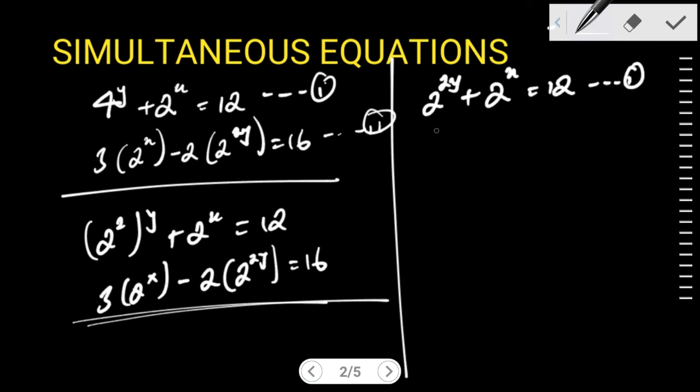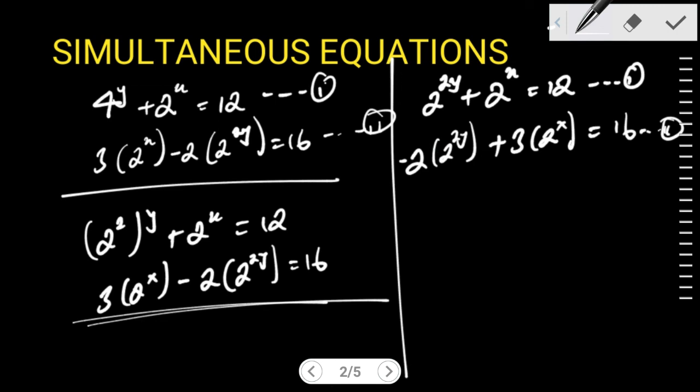And then I'm having this, but I have to arrange them accordingly. Therefore, I'm going to have 2 to the power 2y also, and it is negative in this case, and then plus 3 times 2 to the power x, which equals 16.